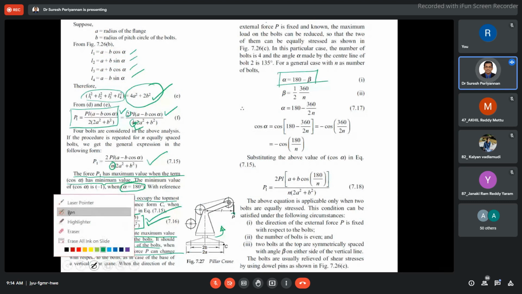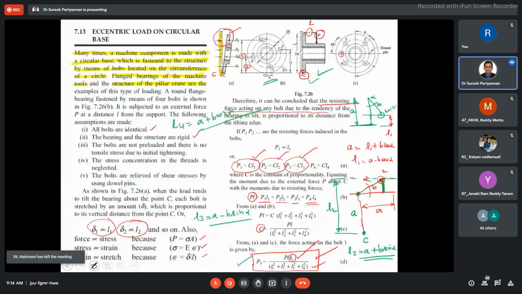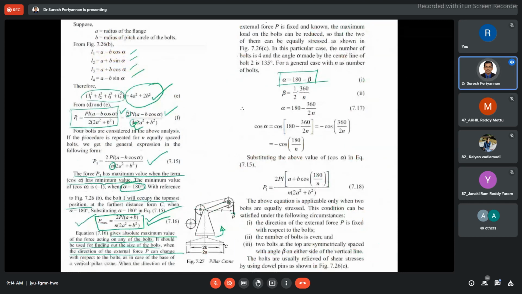For example, if I am considering this bolt at 45 degrees, then this bolt with respect to this axis is 45 degrees, and this bolt with respect to this axis is 45 degrees. Hence I consider beta equal to 1 by 2 into 360 by n. Here n is 4, so beta is equal to 45 degrees.